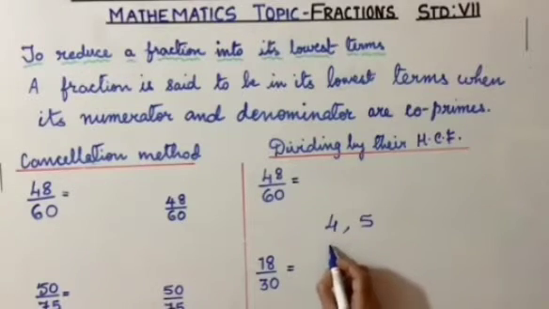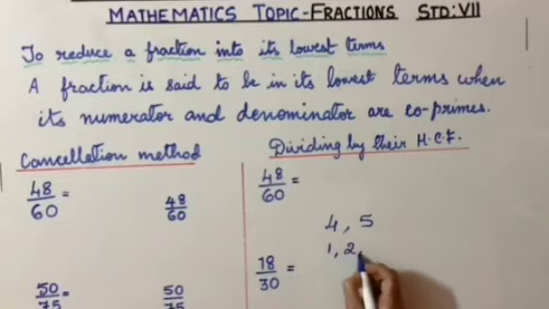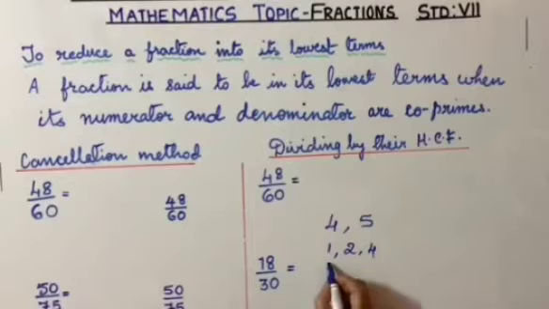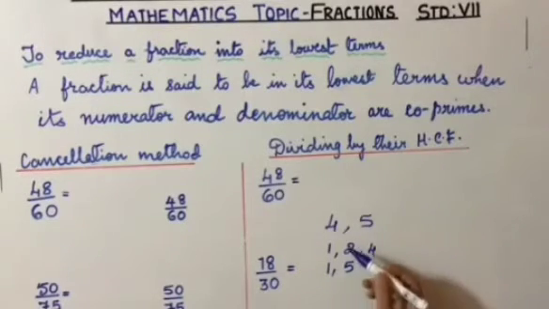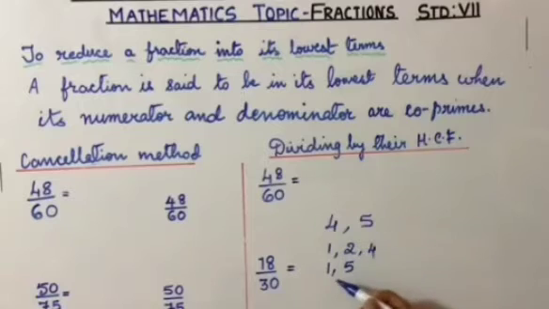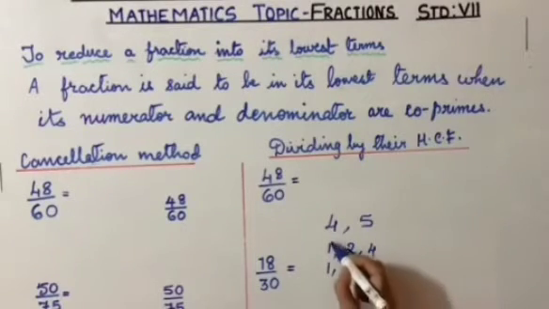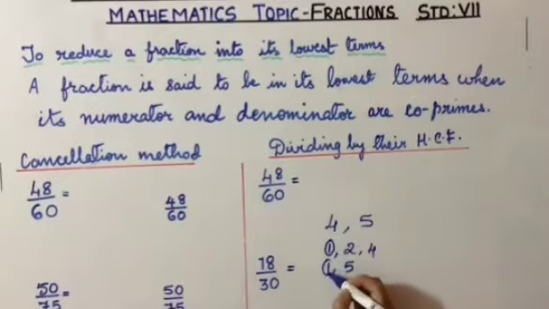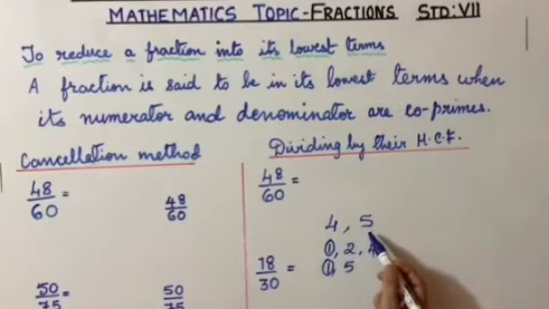So the factors of 4 are 1, 2 and 4. What are the factors of 5? You have 1 and 5 since 5 is a prime number. Now, between these two, what are the common factors? As you all can see, only 1 is the factor that is common to both 4 and 5.